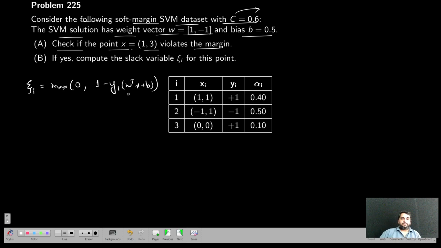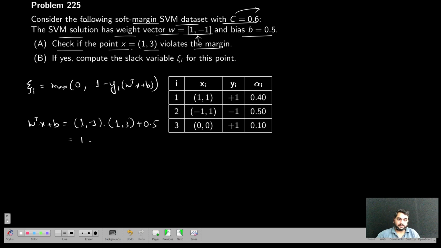Now for this you need to calculate. They are already given W, x, and b. So you calculate W transpose x plus b, which is (1, minus 1) dot x, which is (1, 3), plus 0.5.